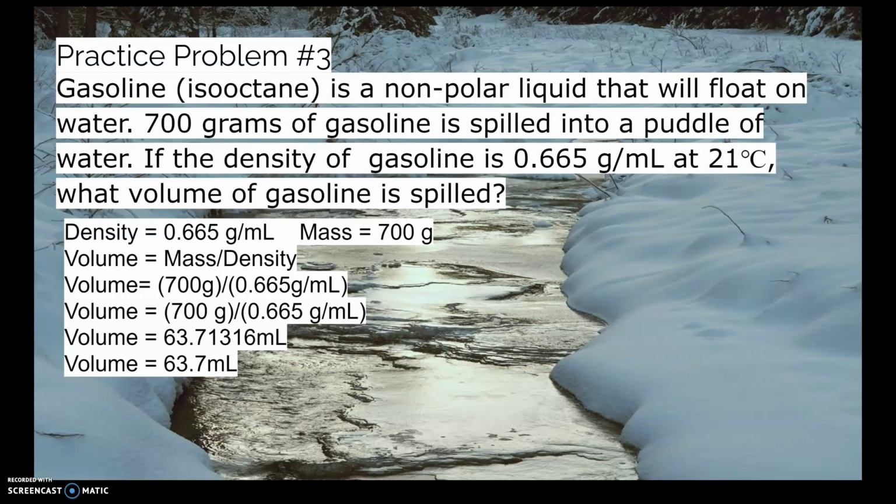First, we need to identify our variables. 0.665 grams per milliliter is our density, and our mass is 700 grams. We will therefore be using the equation volume is equal to mass divided by density. We substitute in our known values, and we get 700 grams divided by 0.665 grams per milliliter.